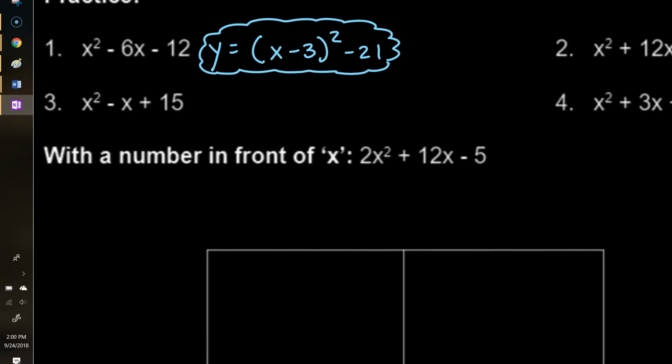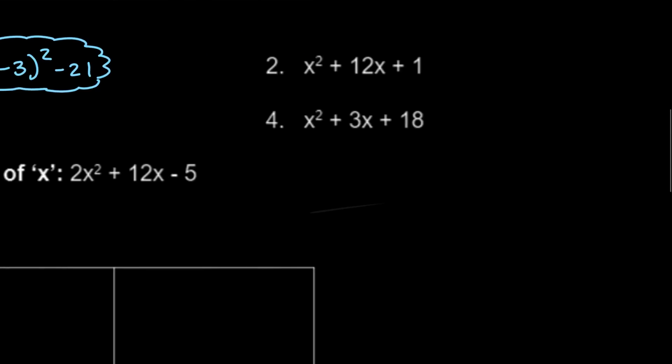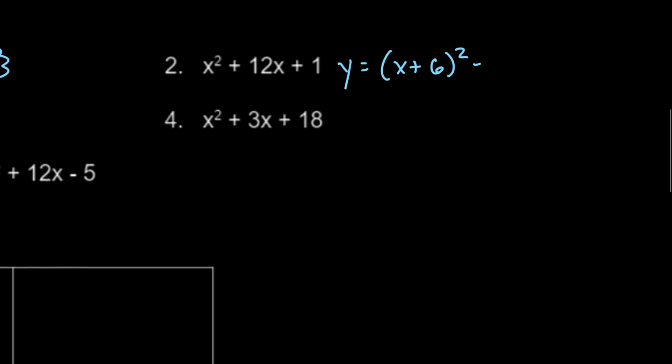y equals x plus your b divided by 2 term, which is 6 squared, minus 35. So if you're confused on how to get that 35, we add the plus 1, and then what do we have to put on the other side?